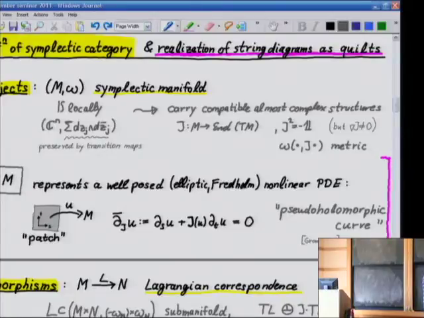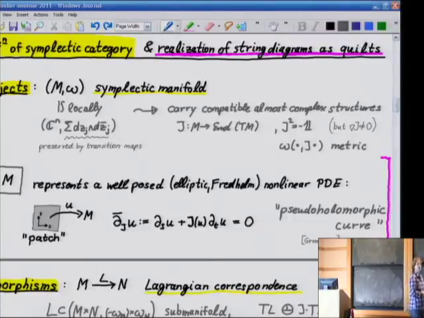I'm looking at maps u into my symplectic manifold that satisfy d_s u plus J d_t u equal to 0. Now if I want to say that this is a Fredholm PDE, I should probably assume that M is compact, or at least finite dimensional in some sort of geometric bounds.